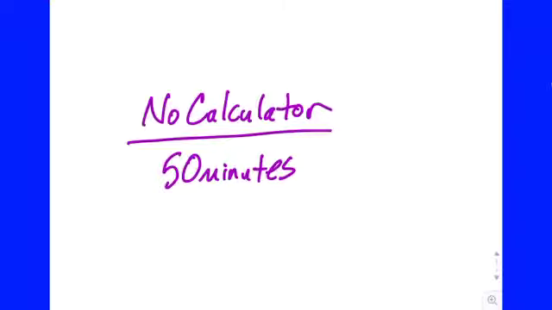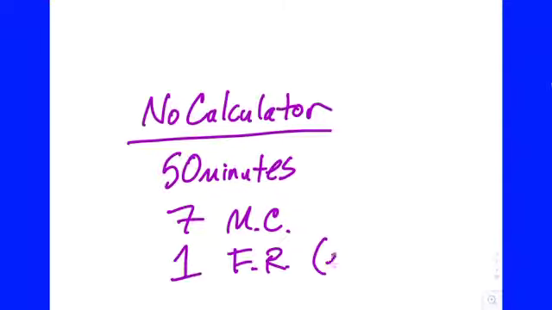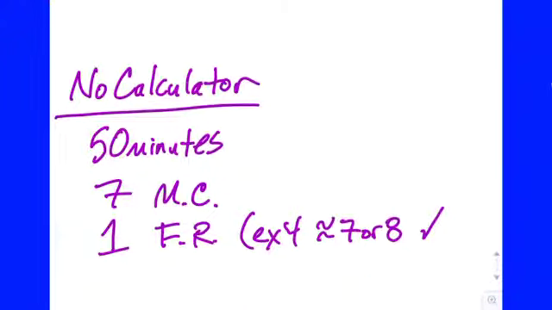I may just hand it to you at the door when you come in. That you have to turn back in, okay, for security reasons. And remember the honor code. You're going to have 7 multiple choice questions more than likely, and then 1 free response question, like example 4, and it's going to be approximately 7 or 8 checks. So roughly about 50% for each section.